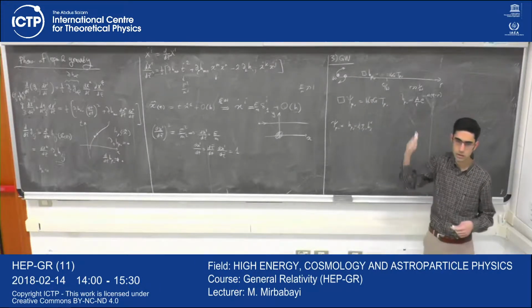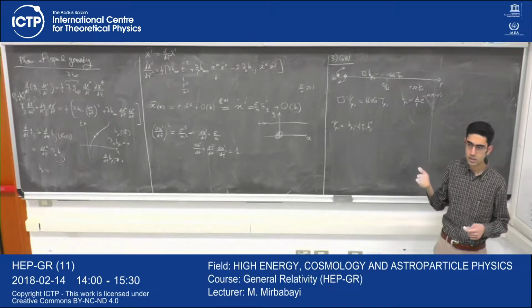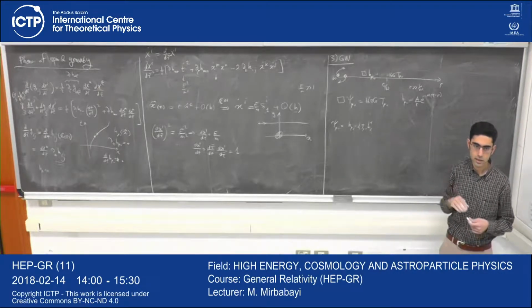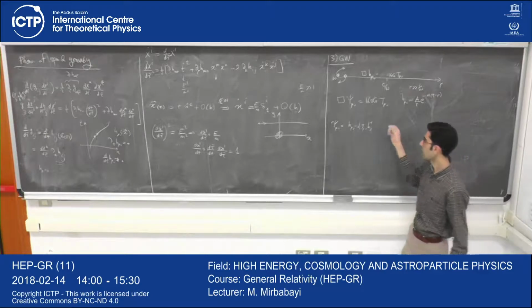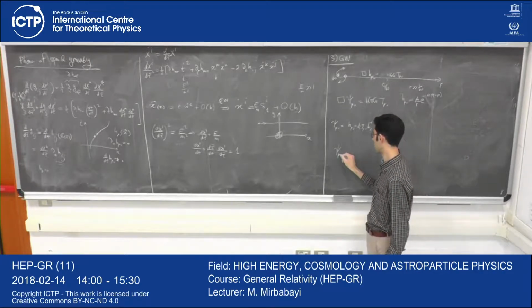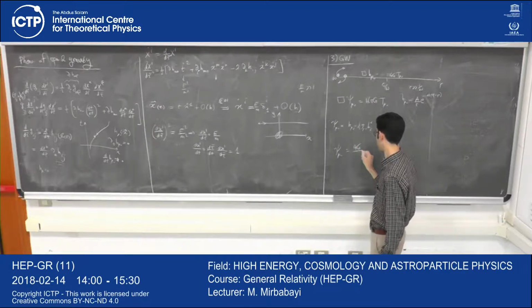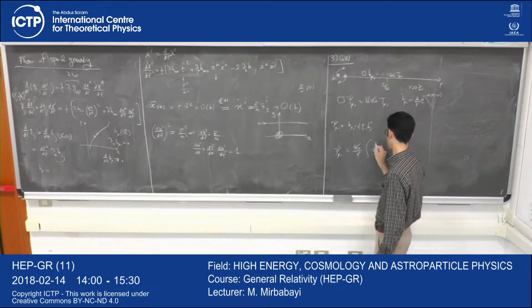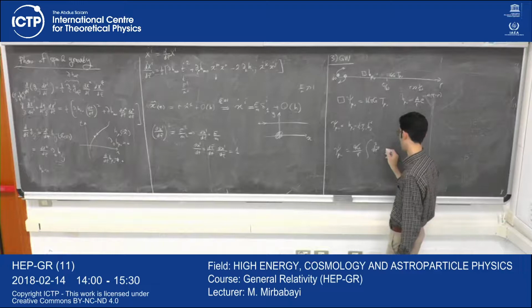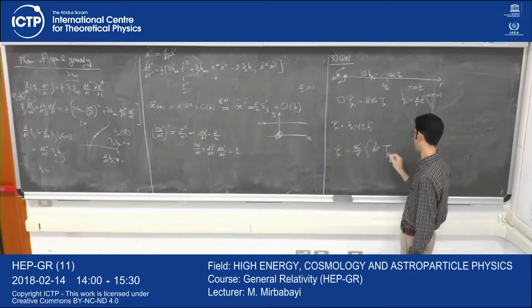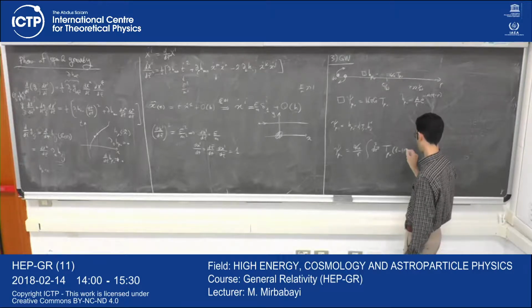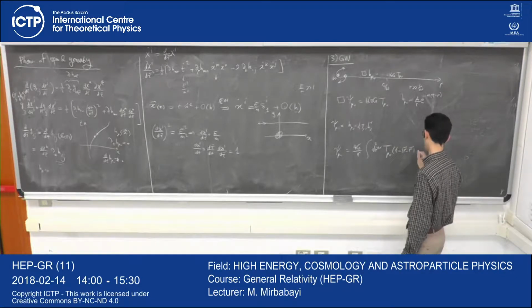So we have just many copies of the same equation that we had for a scalar. And then we can find the solution for psi mu nu to be 4G divided by r times the integral d3r' of T mu nu of t minus r. So this is the retarded potential that we were talking about the other time.